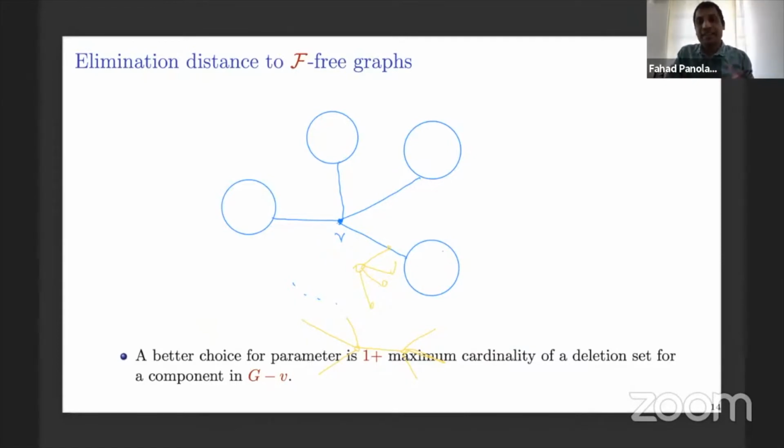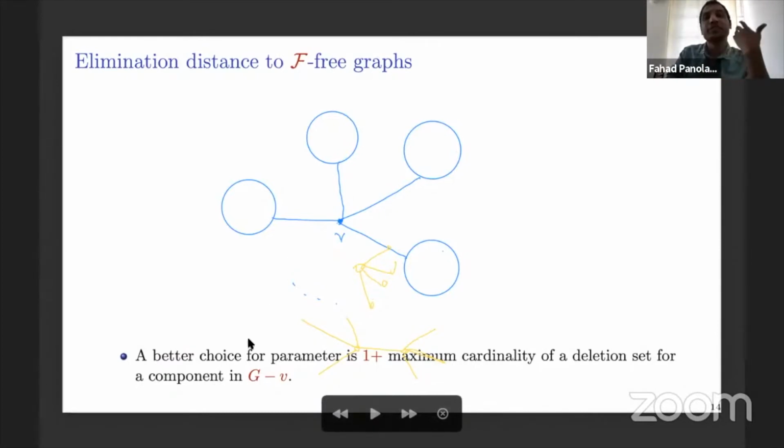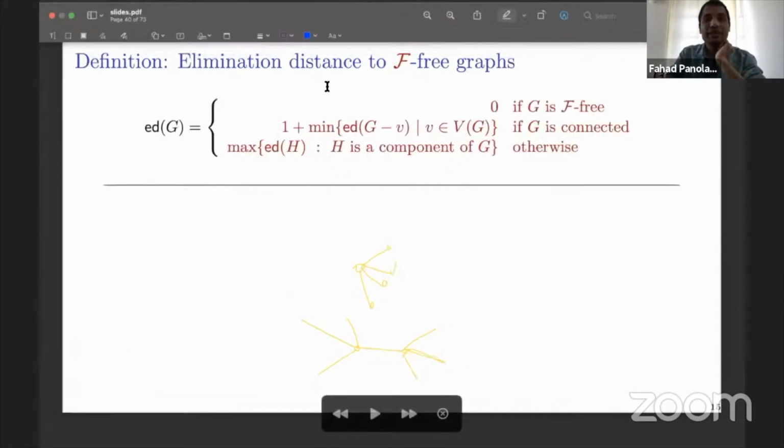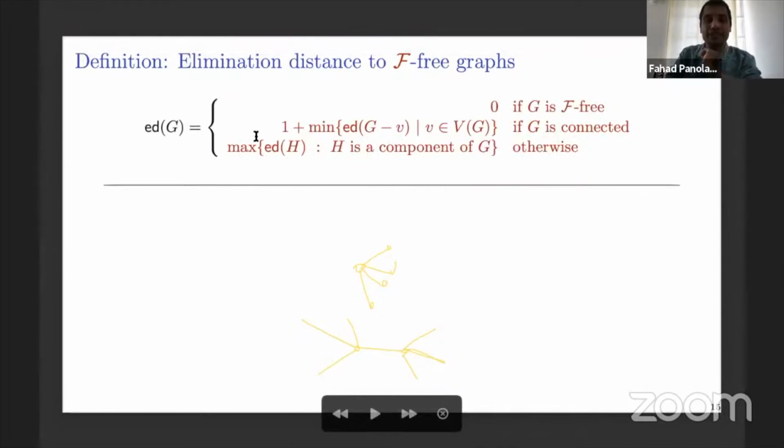Here also the better choice for the parameter could be 1 plus the maximum cardinality of a deletion set for each component. This intuition leads to the definition of something called elimination distance. I will formally define elimination distance in the next slide. The elimination distance to F free graphs is 0 if G is F free.